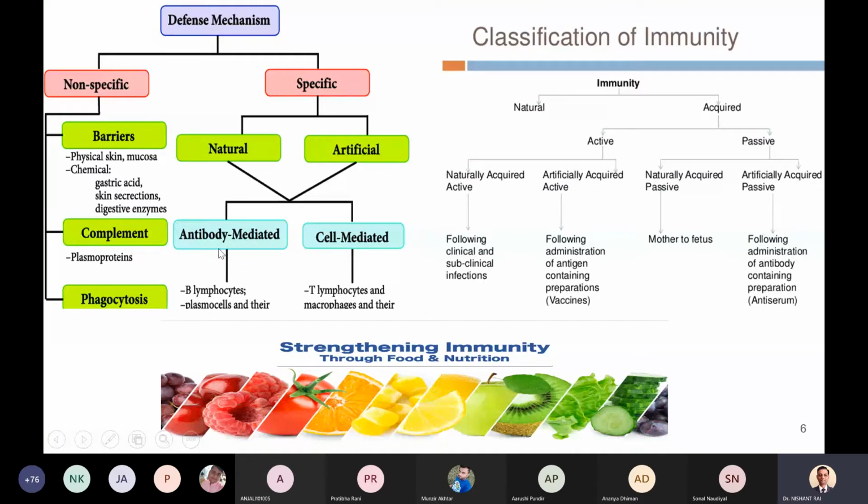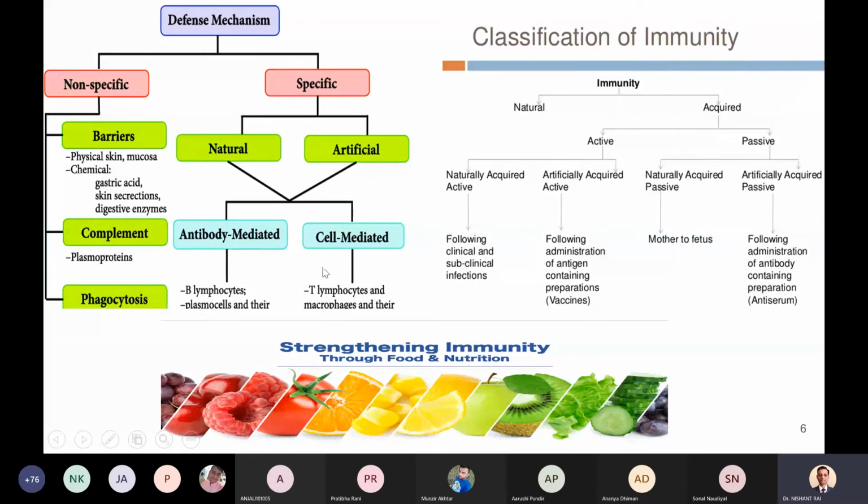One is called humoral immunity and another is cell-mediated immunity. So when a pathogen or infecting organism is entering our body system, the immune system is working. It is either producing antibodies or it is producing some kind of T cells.